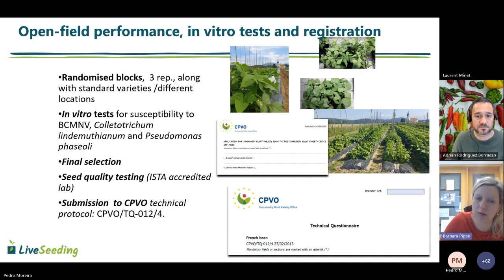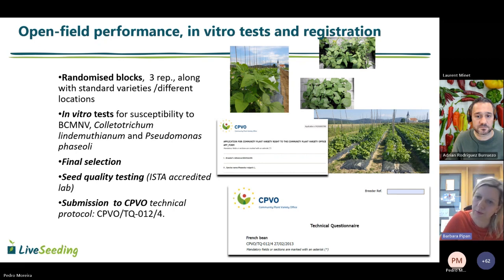These are bean common necrosis mosaic virus, the fungus Colletotrichum lindemuthianum, and the bacteria from the genera Pseudomonas and Xanthomonas, because all of those data are needed at the end to fulfill the requirements for submitting the candidate variety for registration to the Community Plant Variety Office, which is an independent office for variety testing in France, directly, or through our national agricultural ministry.